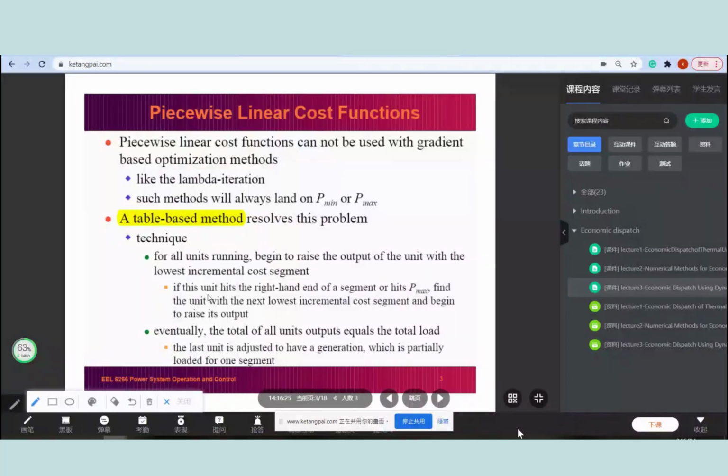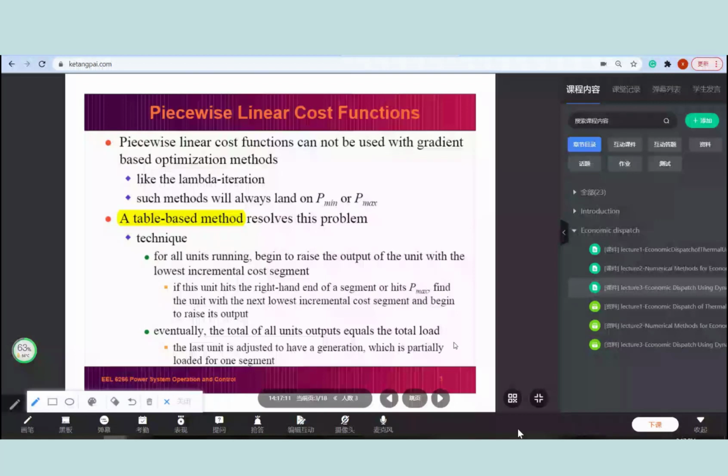Okay, so let's continue. For this dynamic programming, we first run the cheapest generator and then the second cheapest generator. Like this, we turn on the generators one by one, from the cheapest to the most expensive, and we will find the optimal solution to solve economic dispatch. Eventually the total output of all units equals the total load.